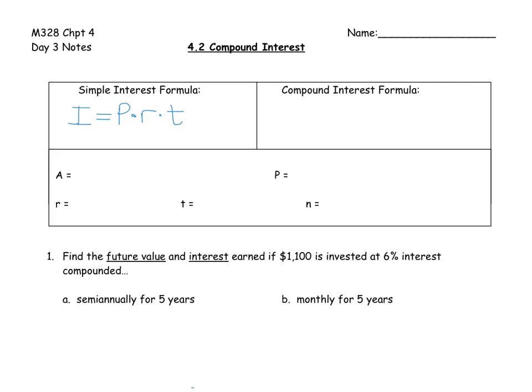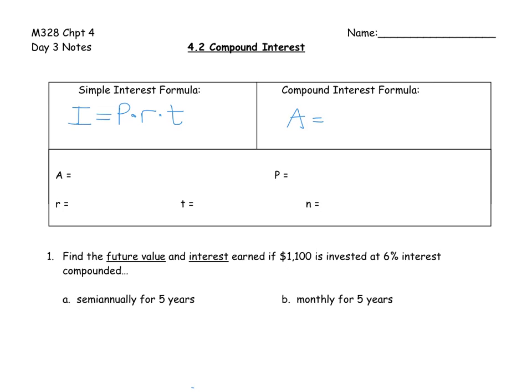Compound interest is more, well, it is what our banks do. It's giving you interest on first your money, then the next month, next year, whatever. It's giving you interest on your money and that interest that you already have earned from previous months, years, whatever. So this is a way more realistic equation, and like I said, how your bank accounts are figured out.